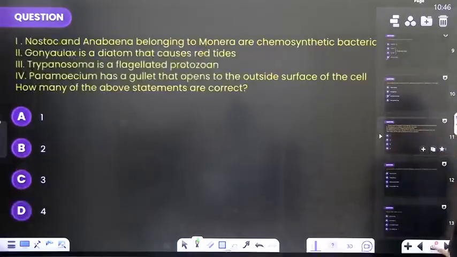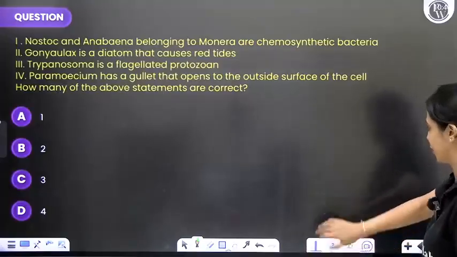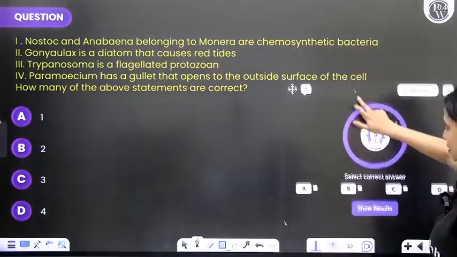Next question. From biological classification, let's see how many of you will answer this correctly.